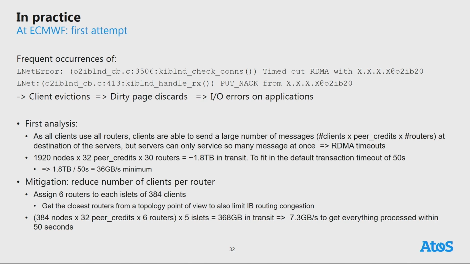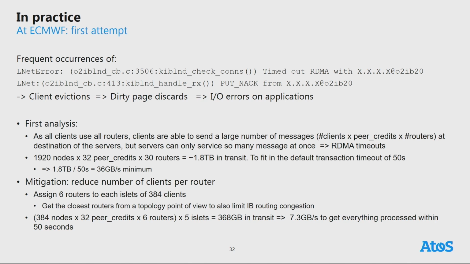That would mean you have to reach at least 36 gigabytes per second to have everything go on without timeout. And with an HDD-based file system, for example, or if the pattern is not optimal, it's very difficult to reach this.